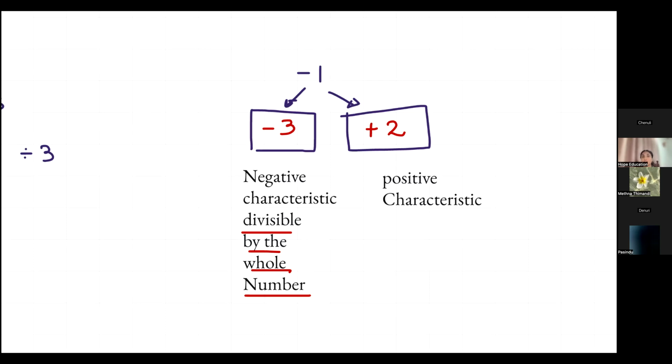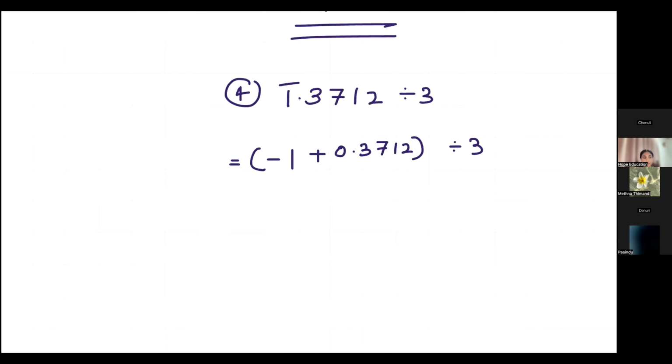And that is how I should divide this, right? So I write minus 3 plus 2 plus 0.3712 divided by 3.